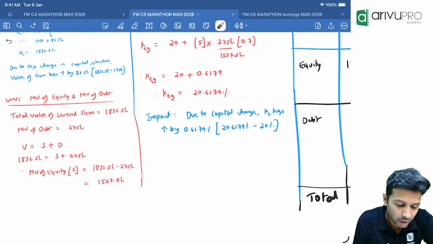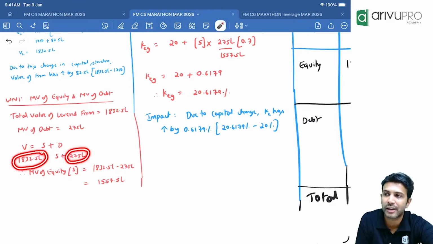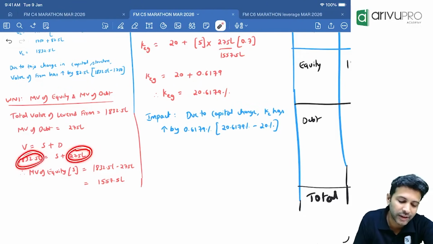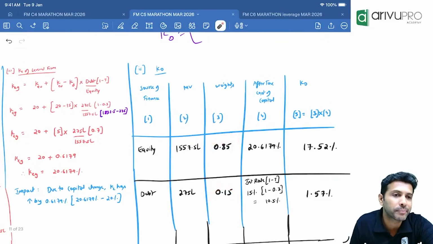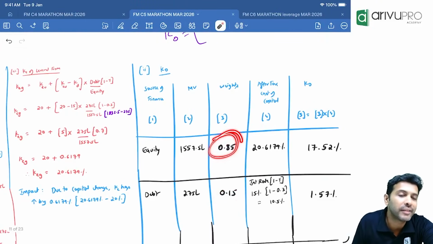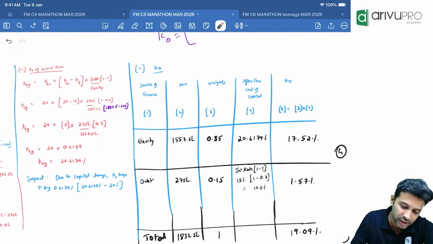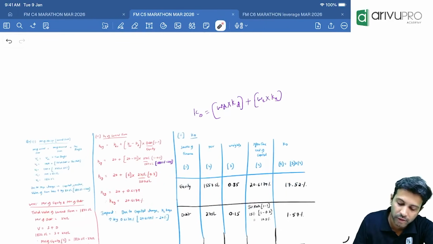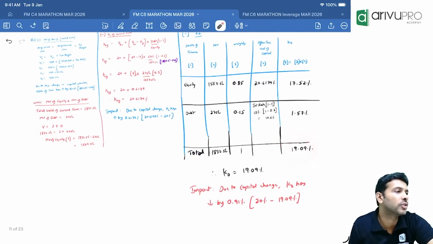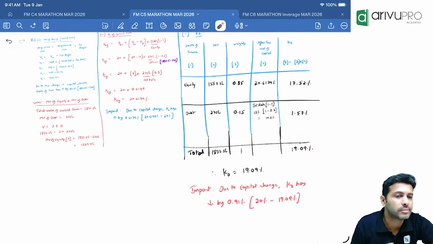So the weight is 275 divided by 1832.5, which is 0.15. Agreed? That means the weight of equity will be 0.85. Either use the table approach or simply use one line of formula, and you will get KO to be 19.09%. That's all.